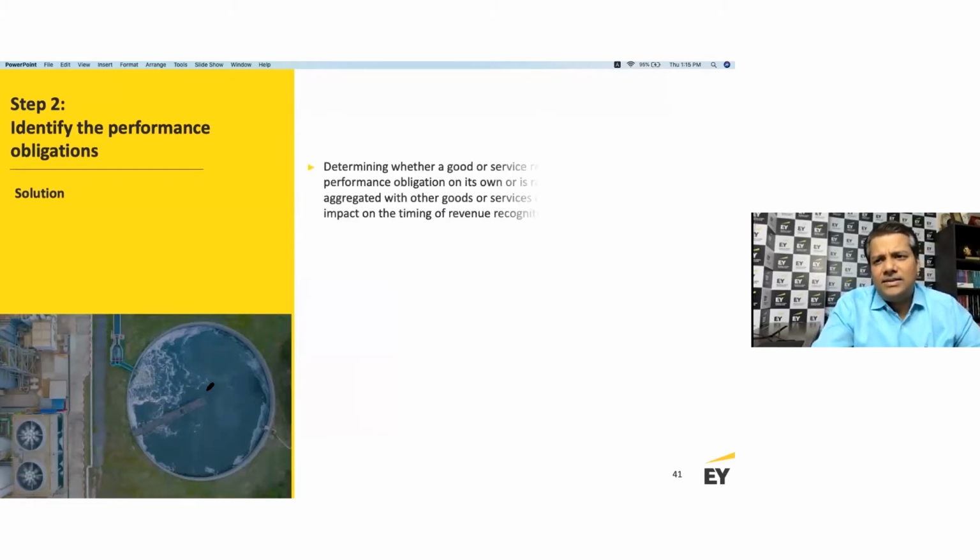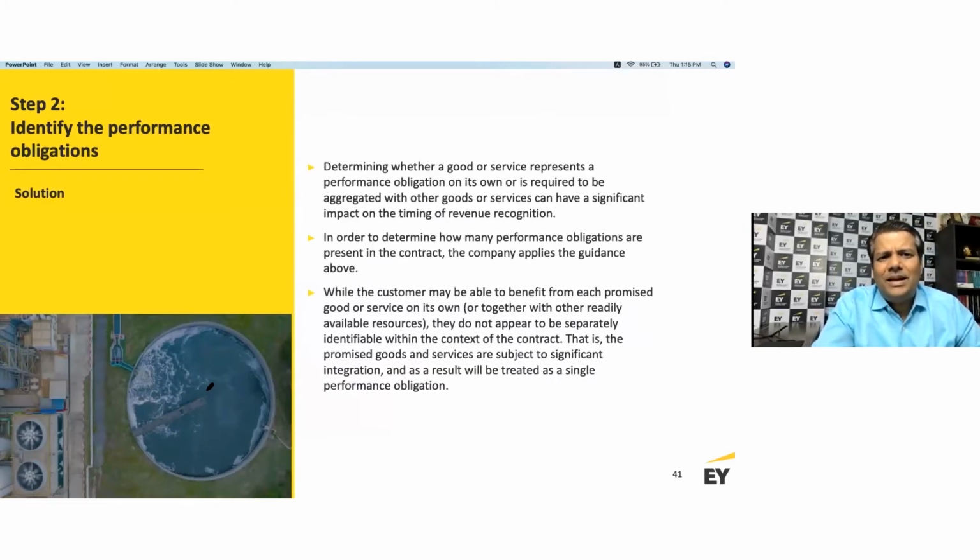And hence the answer here is that it is one single performance obligation. So does each represent a performance obligation on its own, or are they required to be aggregated? In order to determine how many performance obligations, the company applies the guidance, and the promised goods and services are subject to significant integration, and as a result will be treated as a single performance obligation.